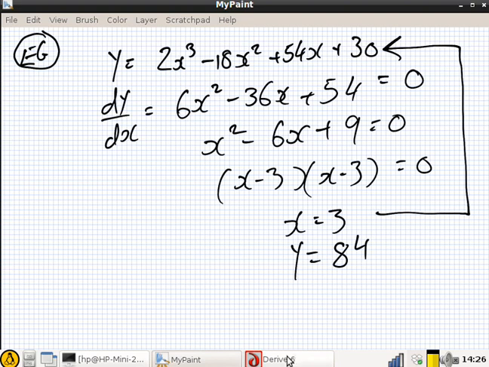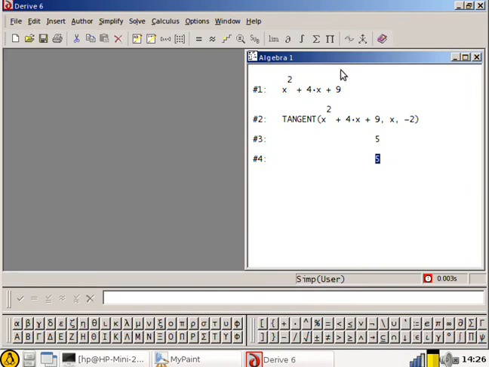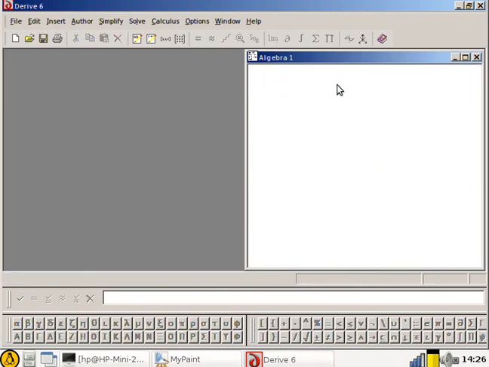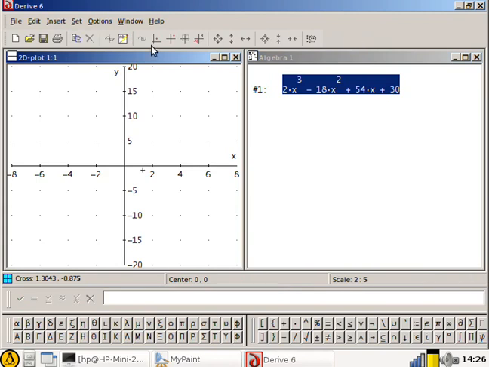So the graph, I have 2x cubed minus 18x squared plus 54x plus 30. Where did we say the turning point was? 84. What was it, the x?